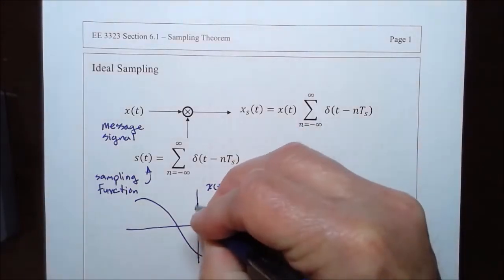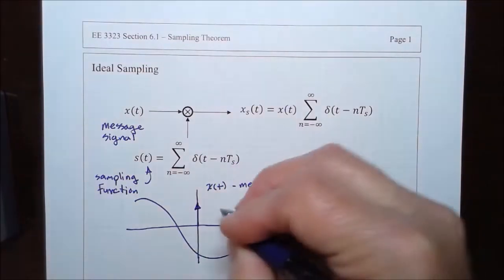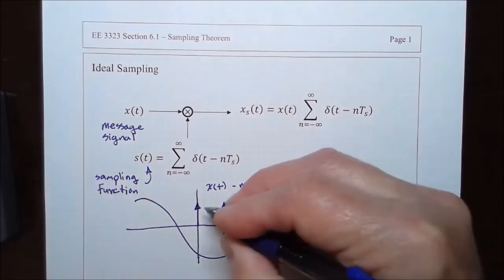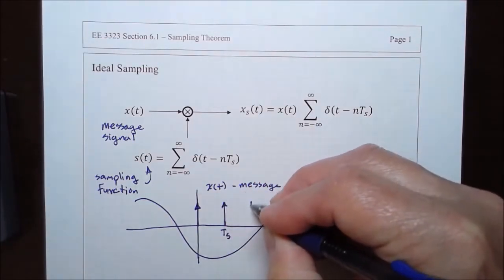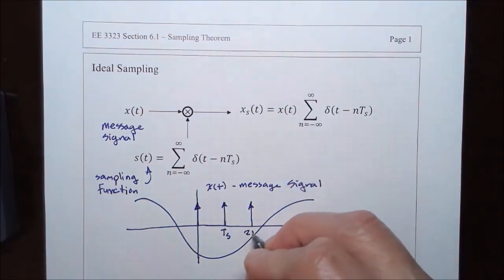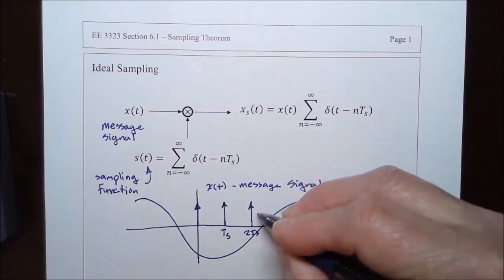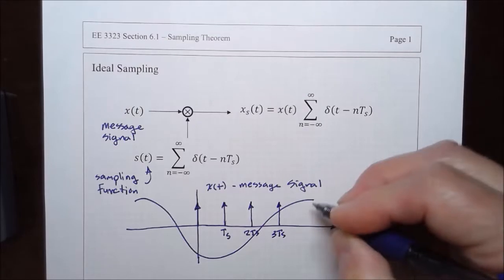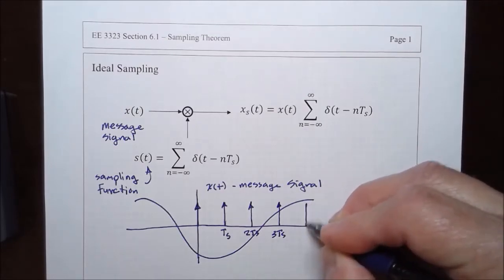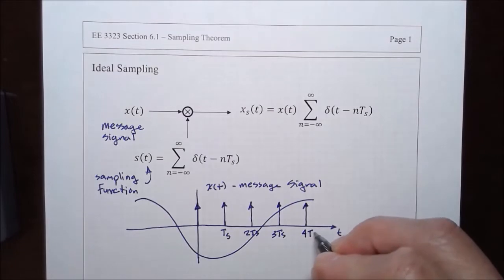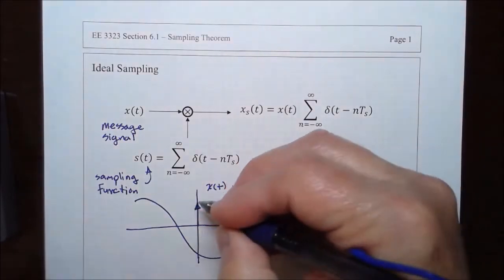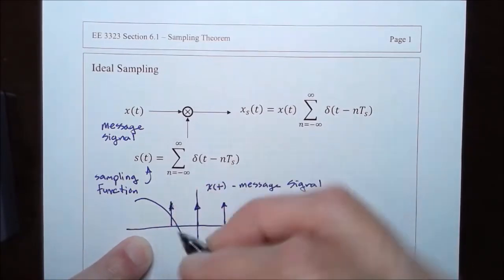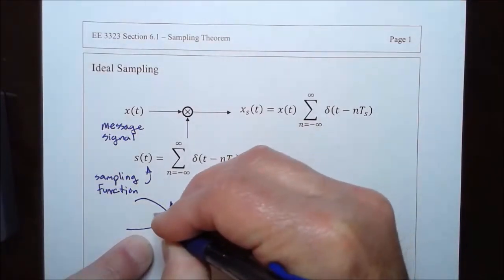So here is a delta function at time t equals 0, and here is a delta function at time t sub s, and the next one is at time 2 t sub s, and periodically this is at 3 t sub s, and at 4 t sub s, and it goes both directions in time. This is minus t sub s, 1, 2, 3, 4.